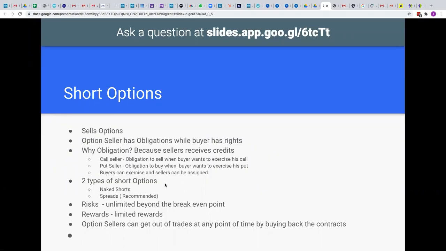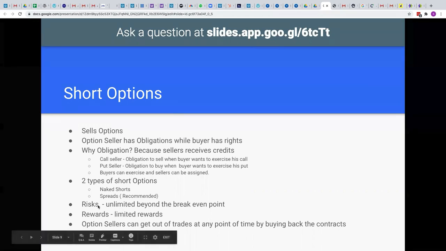But that is one way of doing it. And the second way is the spreads, where you have an inherent hedge against your shorts. That way your margins are also very, very low. And all you need is the difference in the strike prices minus how much you spend.